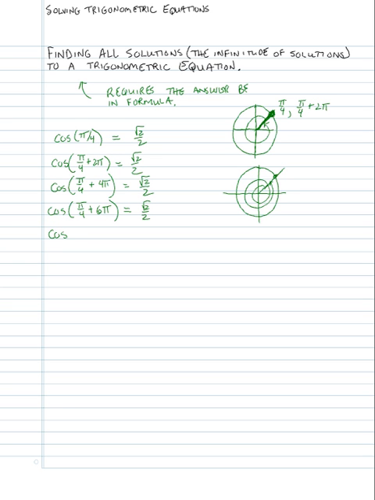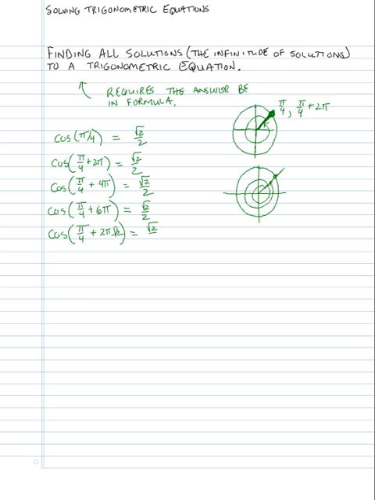And if we look closely at this, we could say the cosine of pi over 4 plus 2 pi times some integer k. If k was 1, we would just have 2 pi. If k is 2, we would have 4 pi. If k is 3, we would have 6 pi. So k is an integer, just making sure that we go around 2 pi more units each time.